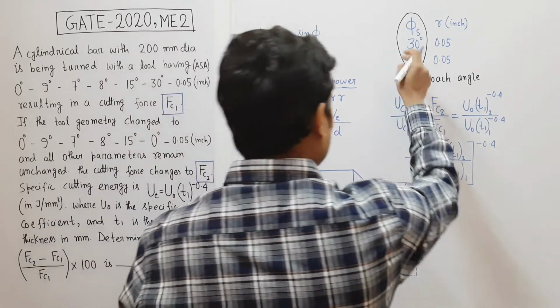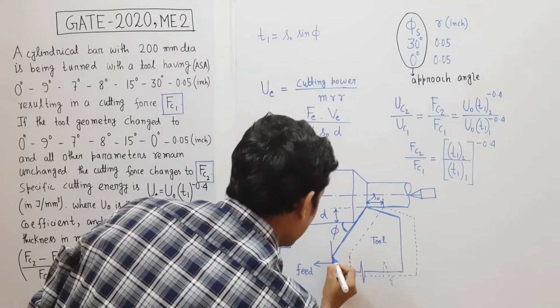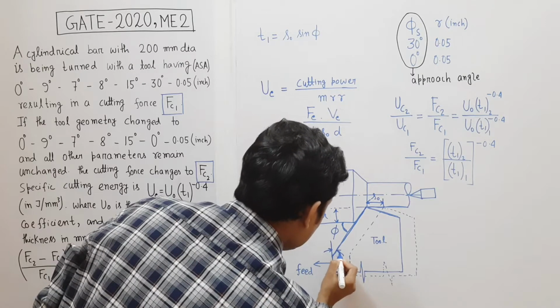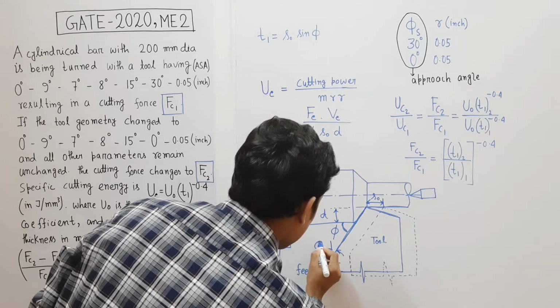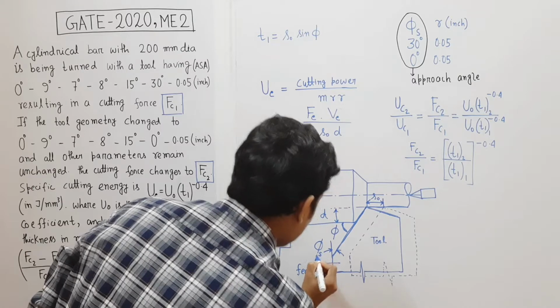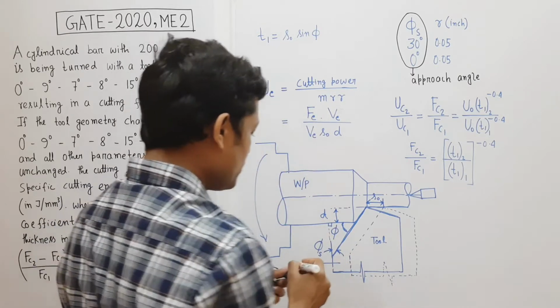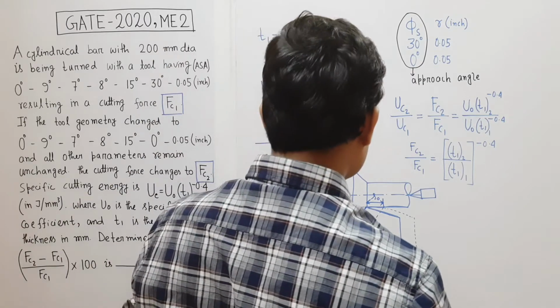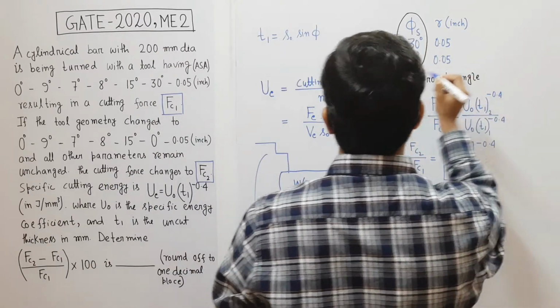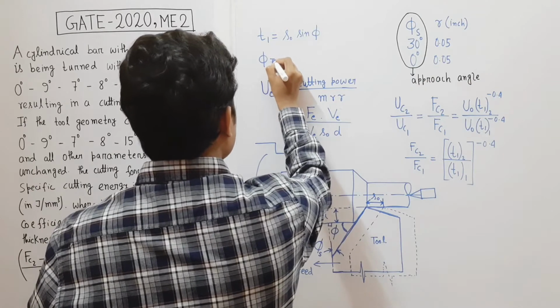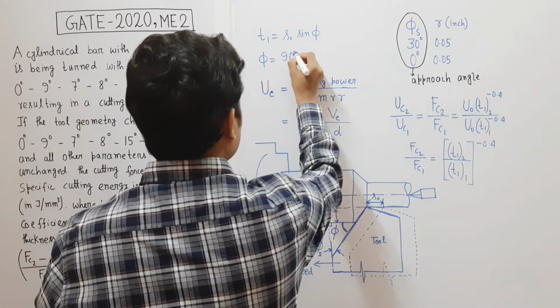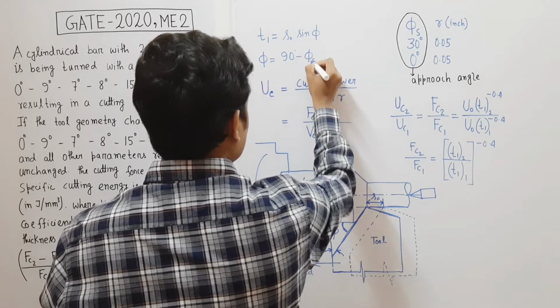And what is the approach angle? This is my approach angle. This angle is the approach angle, phi s. And if this is 90 degrees, then what is the relation between phi and phi s? So phi is 90 degrees minus phi s.